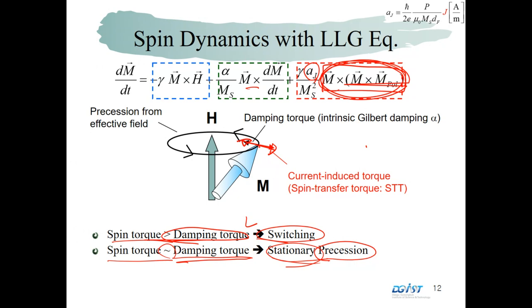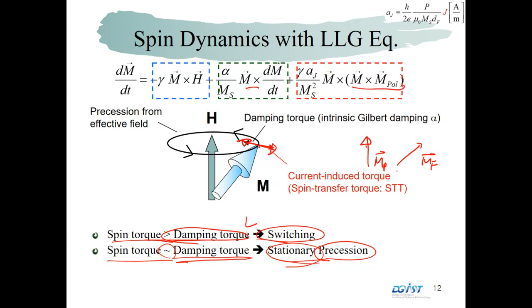Any other questions? Okay, this vector product means, let's simply say this is the m_p and this is m.